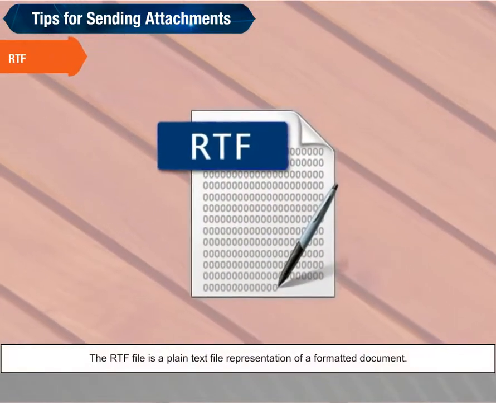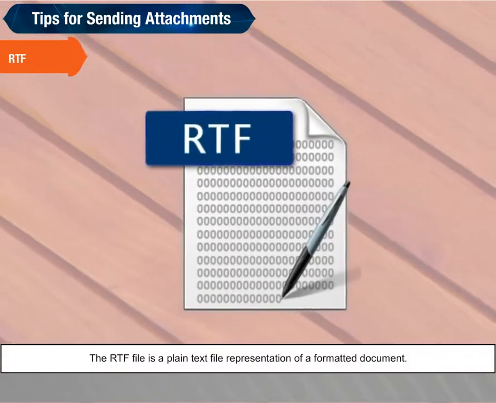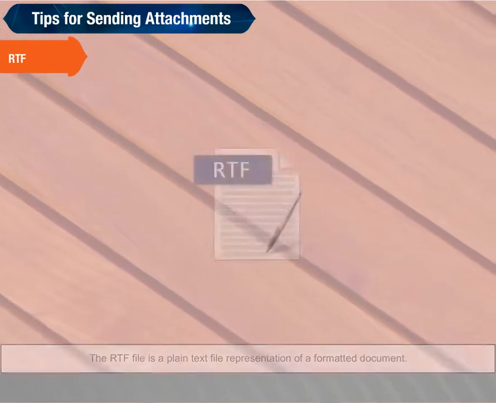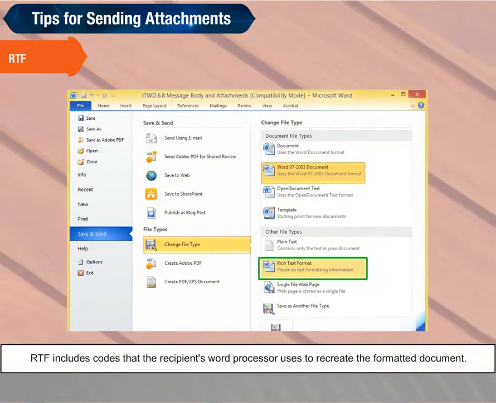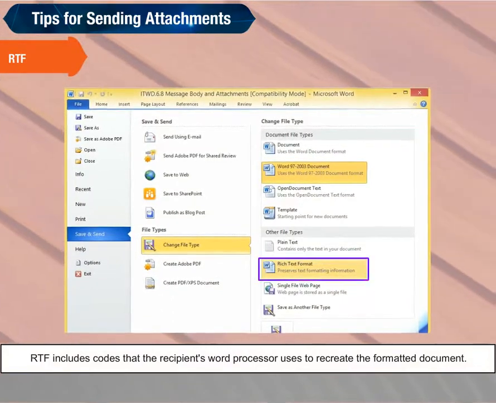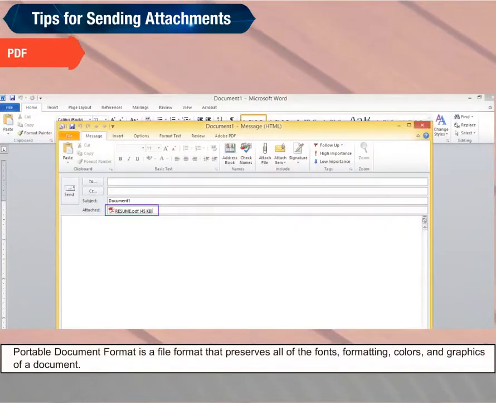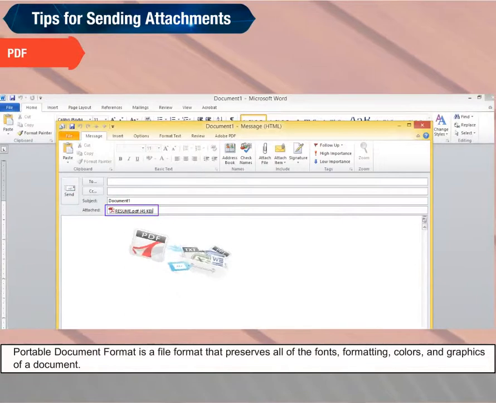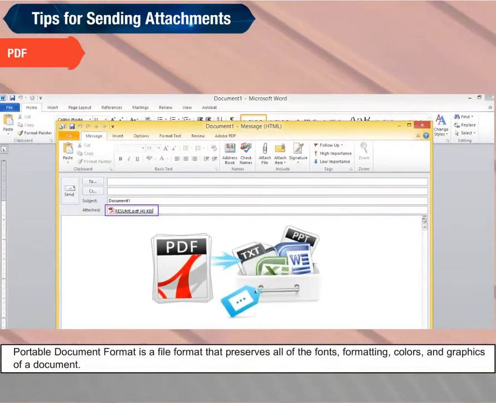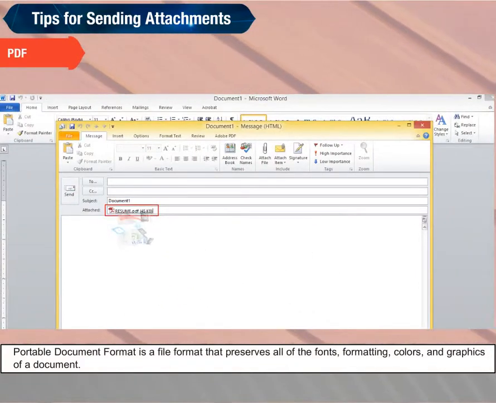The RTF file is a plain text file representation of a formatted document. RTF includes codes that the recipient's word processor uses to recreate the formatted document. PDF: Portable Document Format is a file format that preserves all of the fonts, formatting, colors, and graphics of a document.